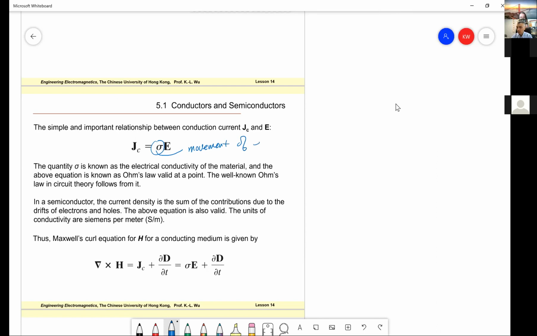We use a parameter to describe it in a macroscopic domain. So we don't look at each individual molecule or nucleus or electron, right? That will be too much work.